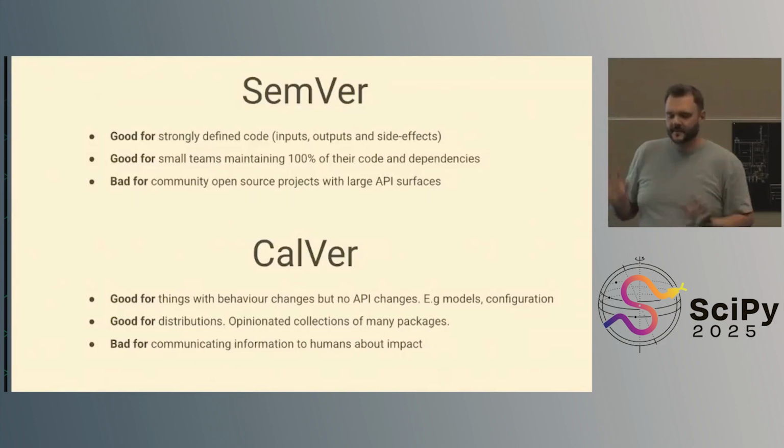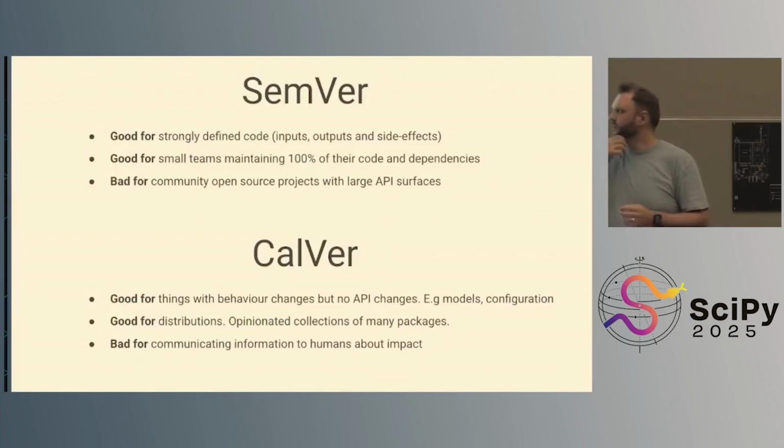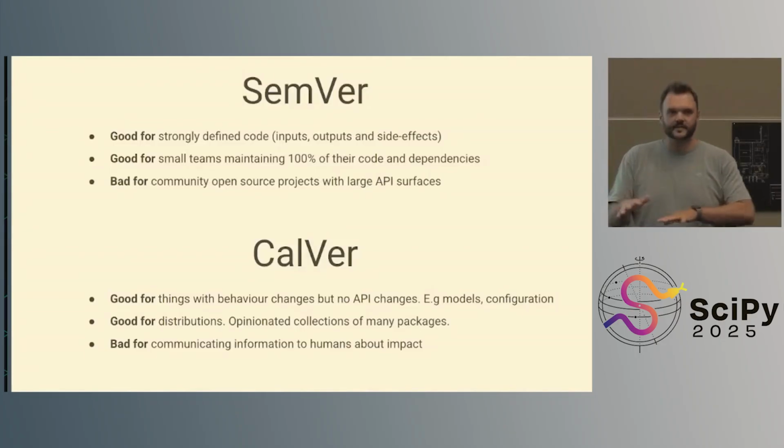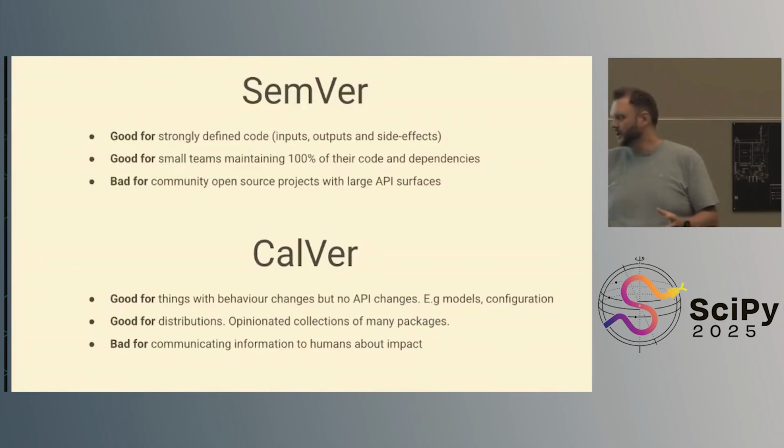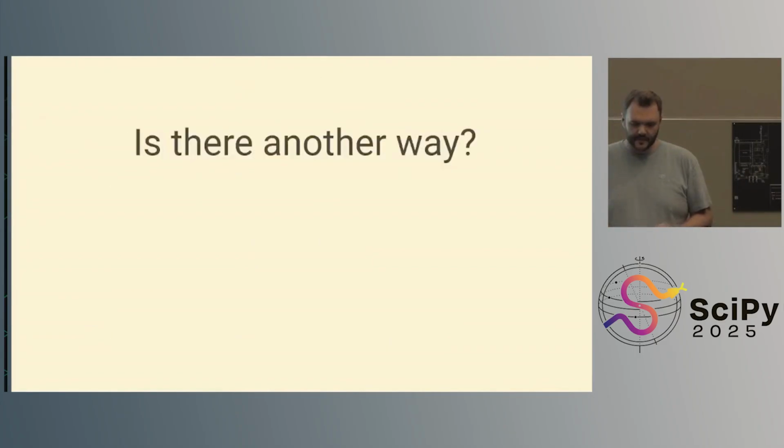There's a time and a place, and it's totally fine. But for this community, it doesn't hold up, and people get grumpy about it. Calendar versioning, for the same reason, has good times to use it. But usually for software that you're trying to communicate to people, it's not a great thing to use.